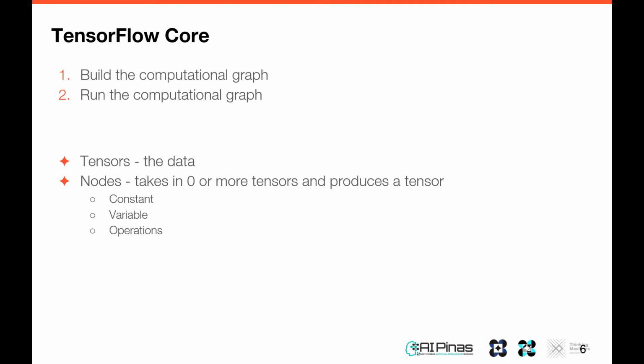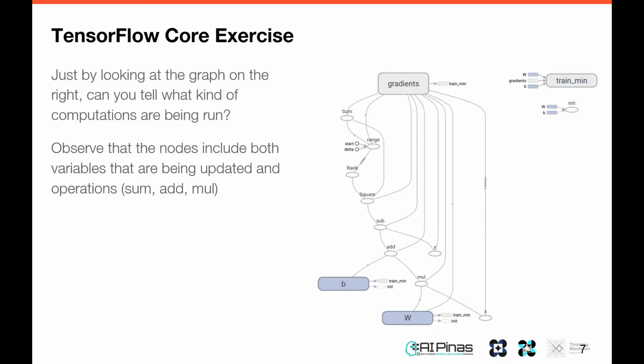A node can be a constant, so a node can just always produce a tensor with value 5. A variable, which operates like a variable. Or an operation, where you take two tensors, run them through a summation node, and the tensor output is the sum of those two tensors. Those are the three core node types.